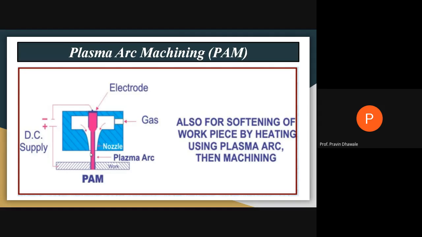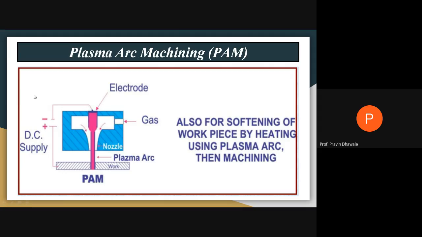This plasma arc machining process can also be used for softening the workpiece by heating with the plasma arc, after which machining is carried out.